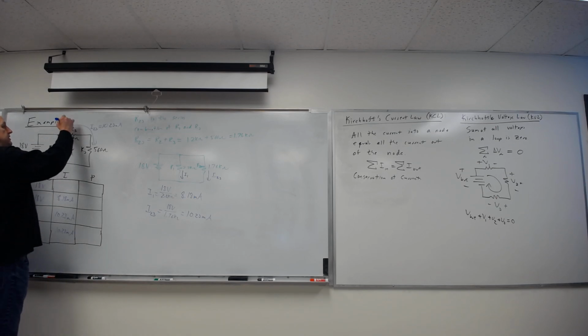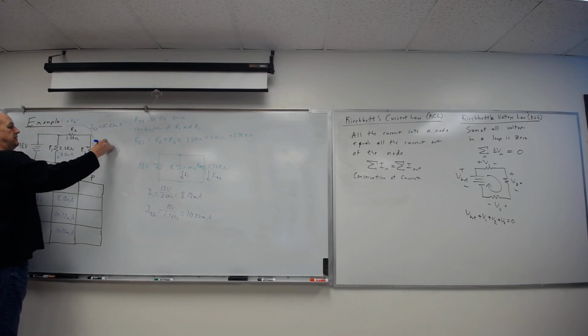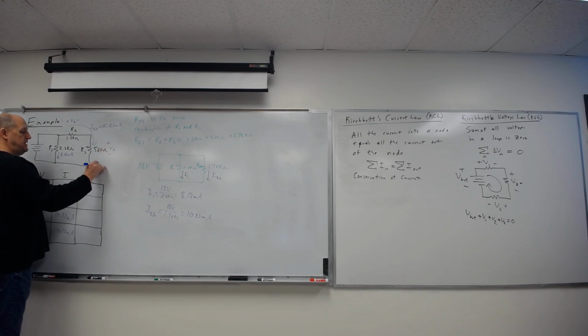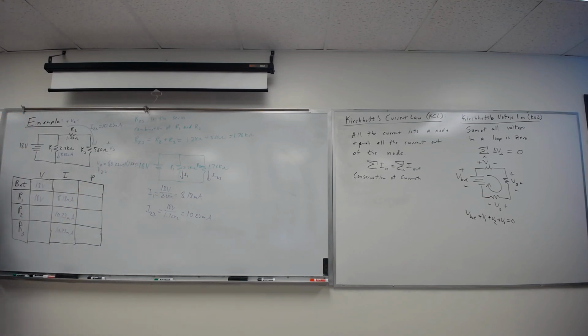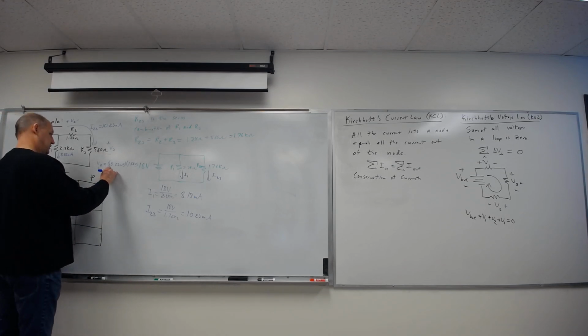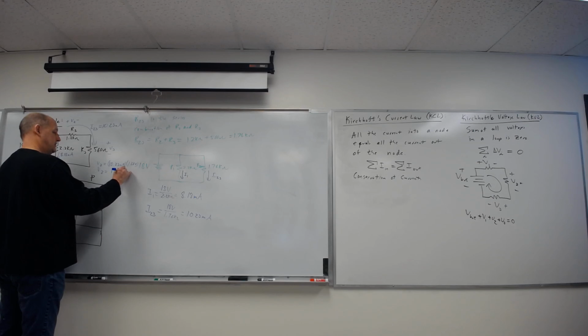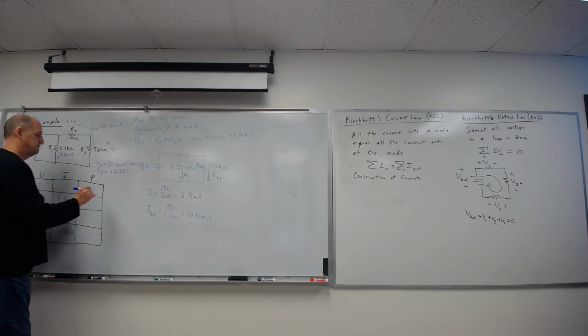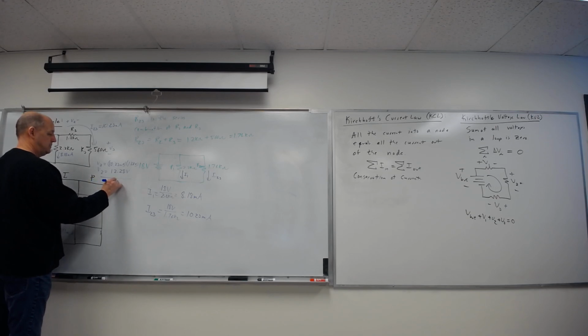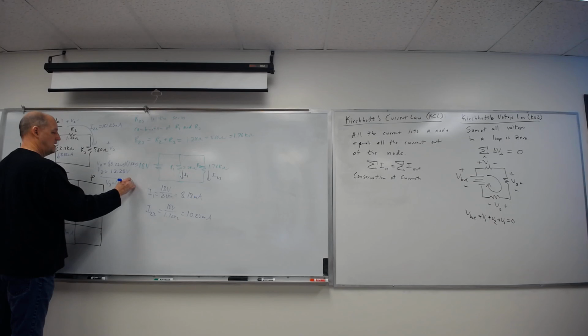Let's find these voltages. So V2 is my current, 10.23 milliamps, times my resistance, 1.2 kilo ohms. 12.28 volts. V3 is 10.23 milliamps times 560 ohms.